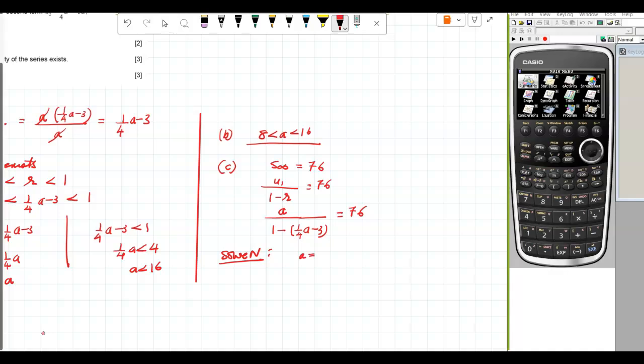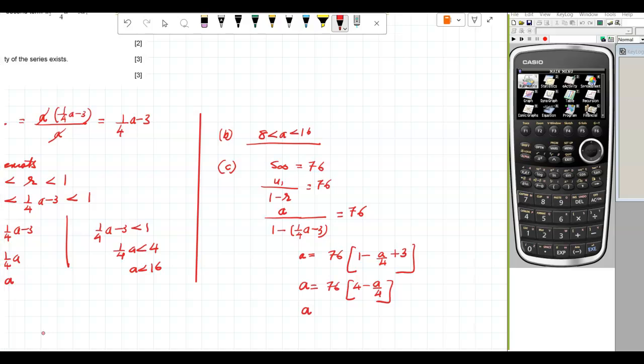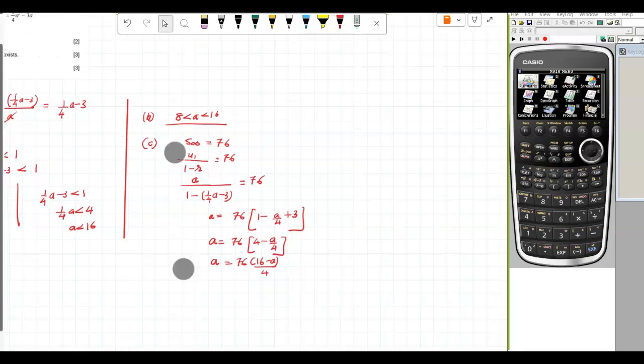If you don't like using solver, if you detest using a calculator, then you can just cross multiply. So A upon 4 plus 3, correct? So A upon that is equal to 76. If you take the LCM, first you do 4 minus A upon 4. So then this will be 76. 4 4s are 16 minus A upon 4, correct?